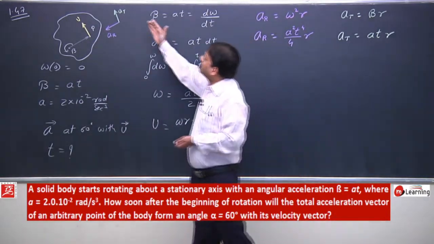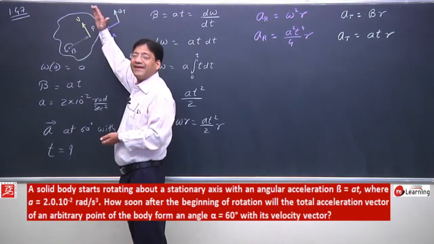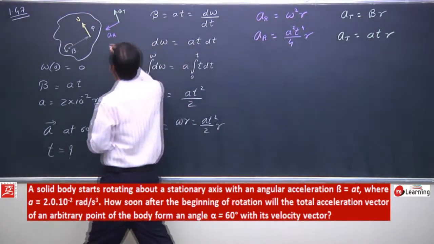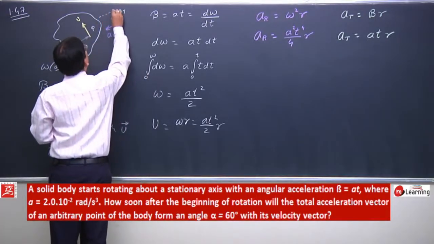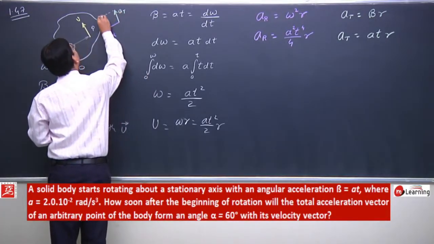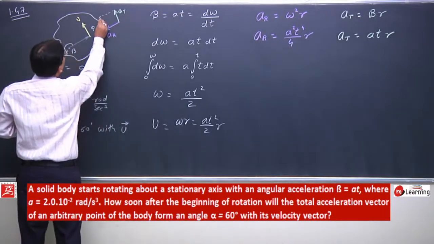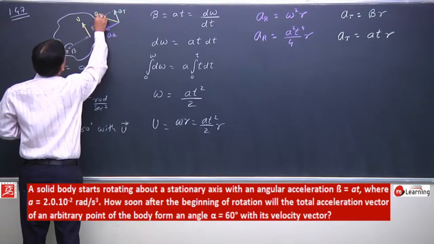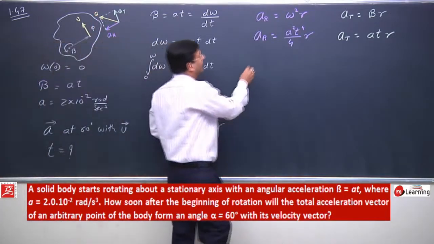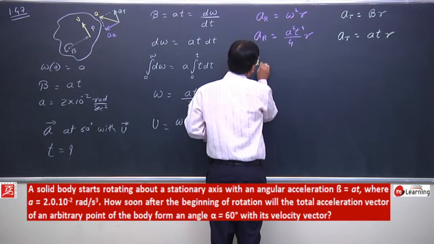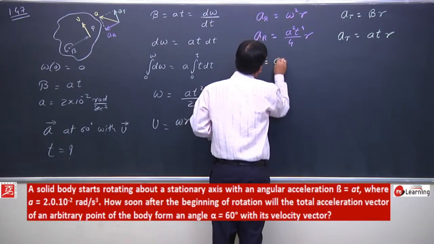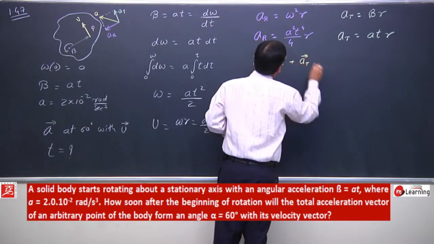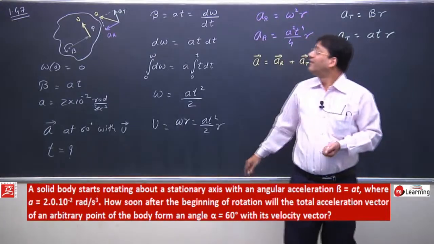The direction of the arrow suggests its direction and the length of the arrow suggests its magnitude. Now, what is the net acceleration vector? The net acceleration vector is the vector sum of radial and tangential acceleration.